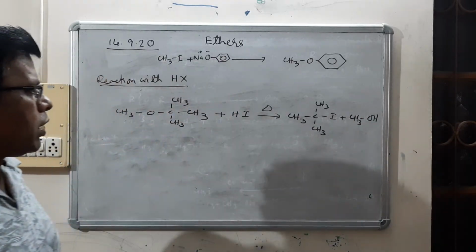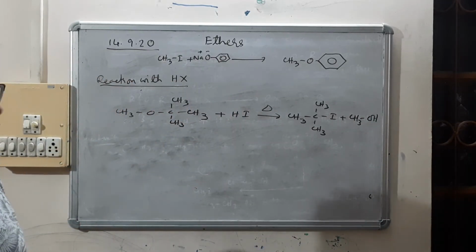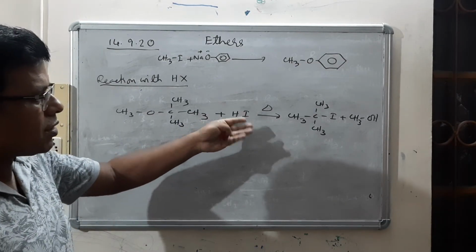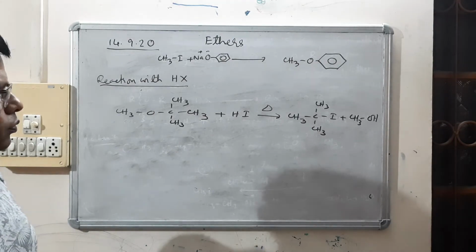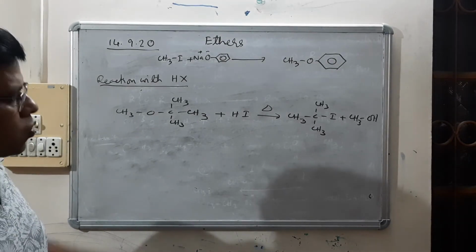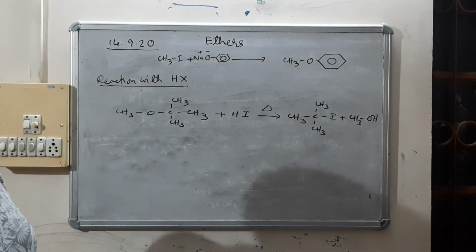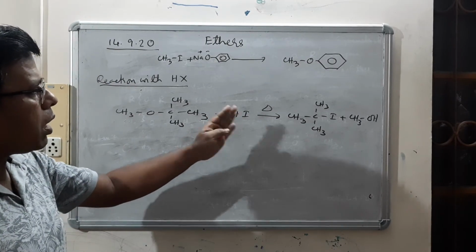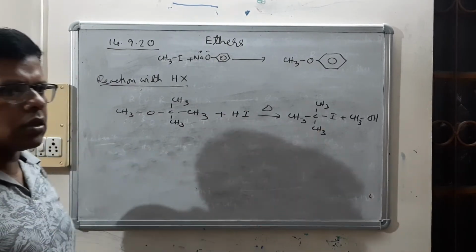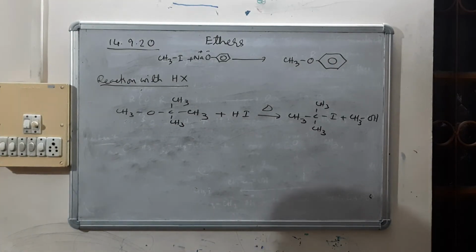This is the product that we get in this reaction. What we have said just now previously, it is not being followed here. So what is happening here, that we have to explain, and let me write a mechanism in support of this product.